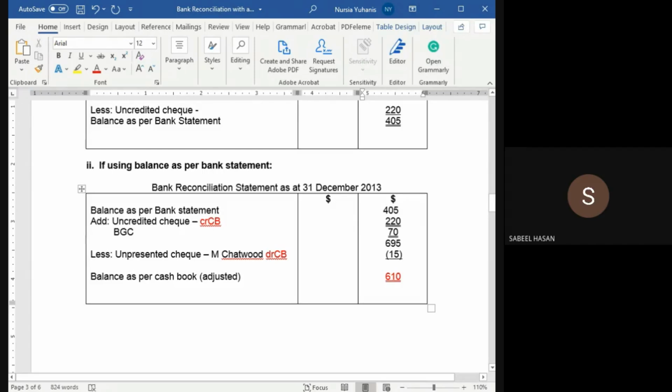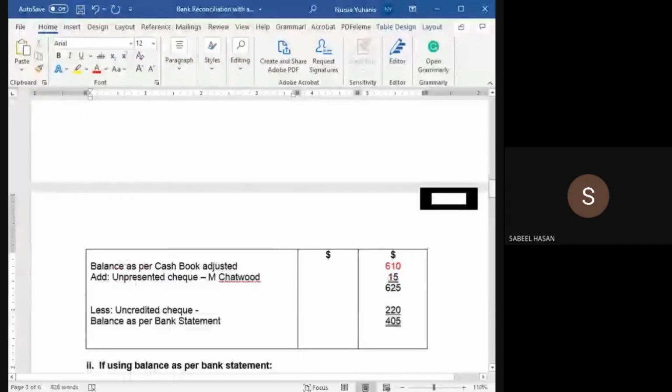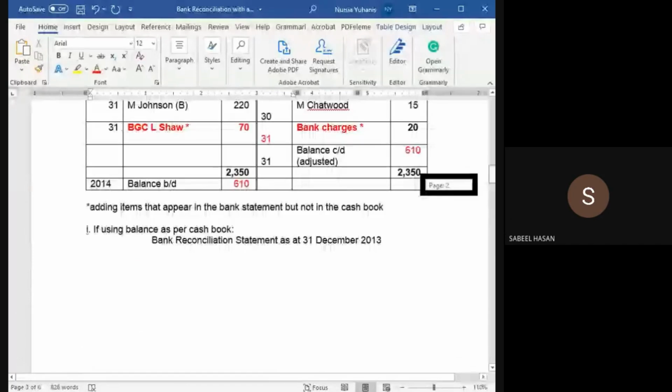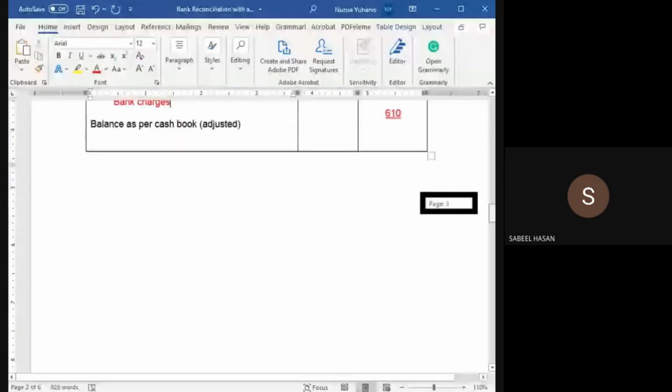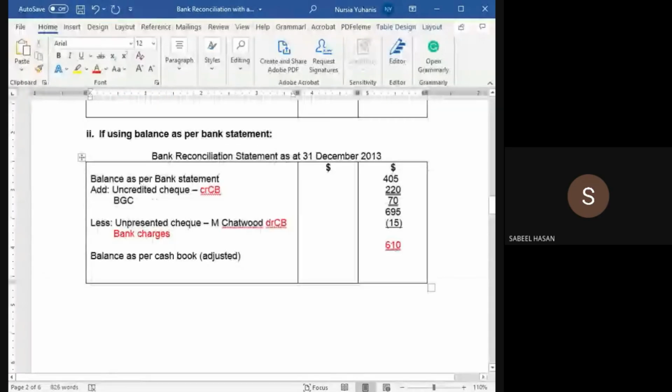Then you minus the unpresented check, the same, but also add the items on the debit side of your bank statement, which is bank charges. Bank charges, I think it's 20. So this one is simple. Minus 20.